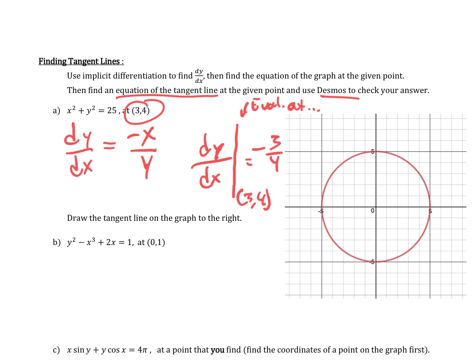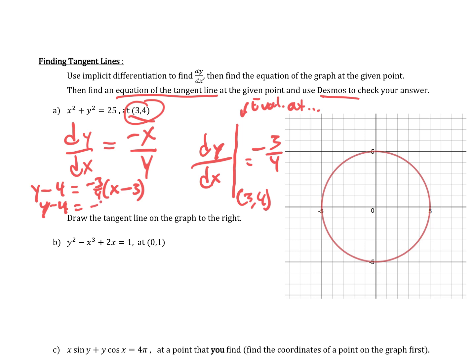Well, if that's the slope and we know it goes through (3, 4), then we can write an equation of our tangent line. The tangent line is y minus y1, which is 4, equals the slope, negative 3/4, times x minus x1, which is 3. Okay, let's put this in slope-intercept form so we can see it easily.